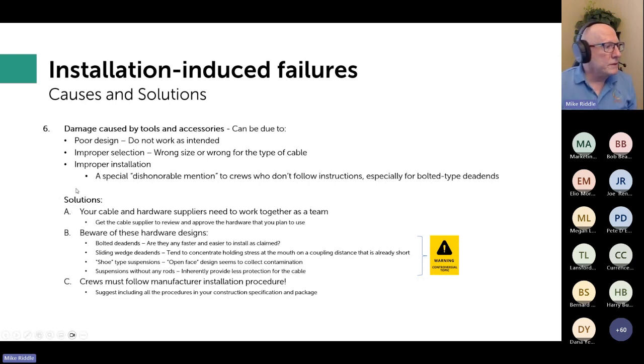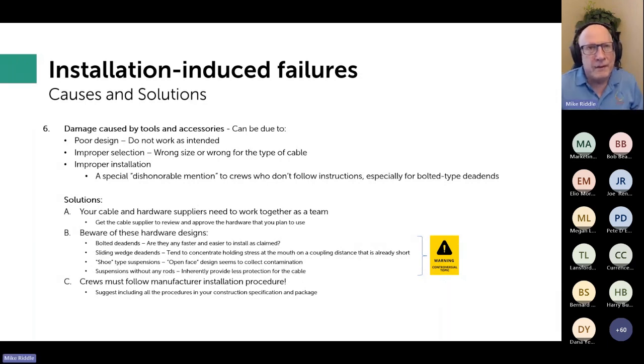So your solutions here, you've got to get the cable supplier and the hardware supplier to work together as a team. Make sure that the cable supplier is okay with the hardware that you plan to use. I suggest, and this is controversial, it gets my controversial topic flag. I have a love-hate relationship.